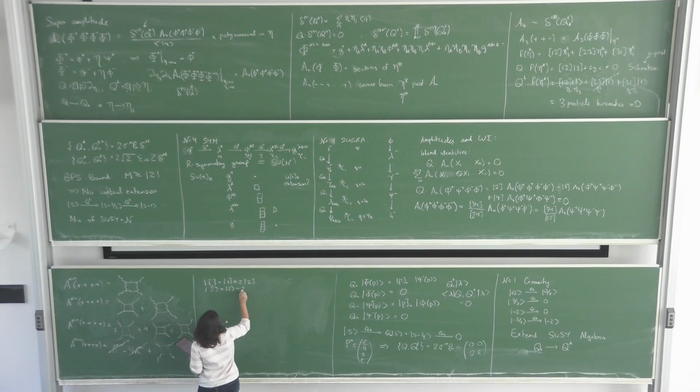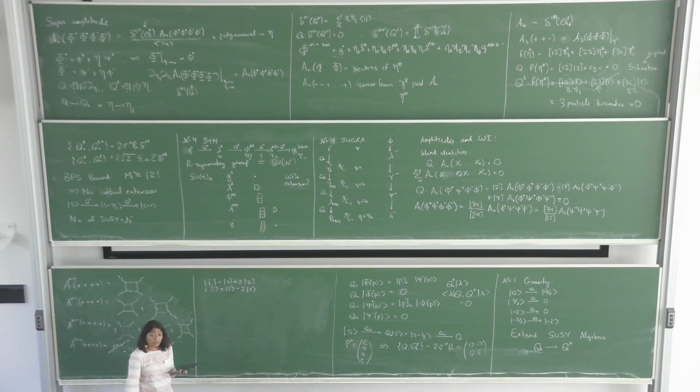So obviously with the N equals 4 super Yang-Mills amplitude, if you subtract 4 times the N equals 1, then we're left with the one-loop contribution.